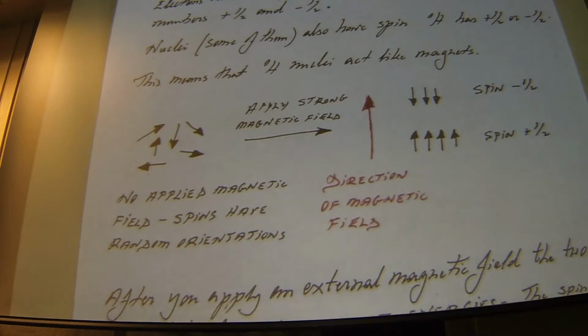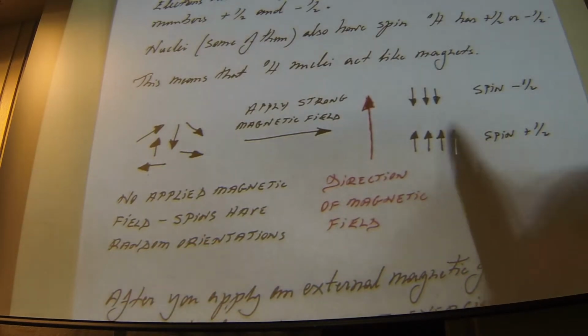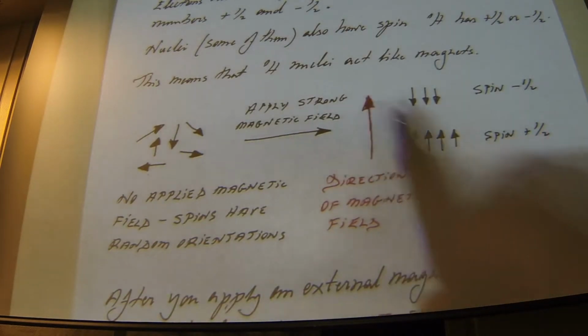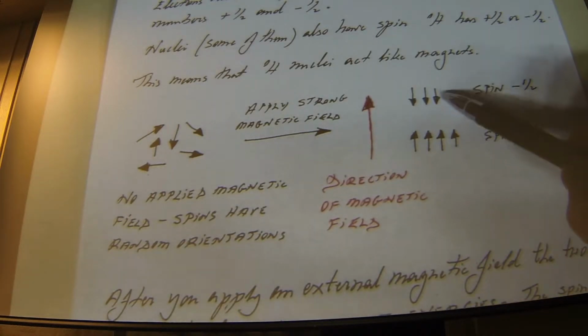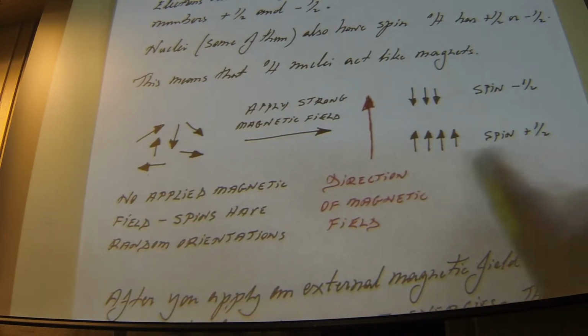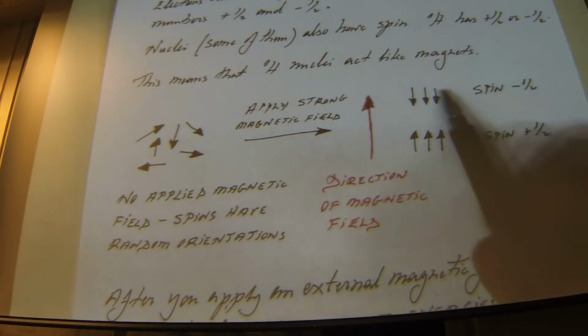So if I have my sample and I put it inside a very strong magnet, then all of a sudden those random spins flip up or down. Now, they can either align with the field, so if this is the direction of the field, they can either align, so they're parallel, or they can be anti-parallel. It turns out the spin +1/2 are parallel and spin -1/2 are anti-parallel.